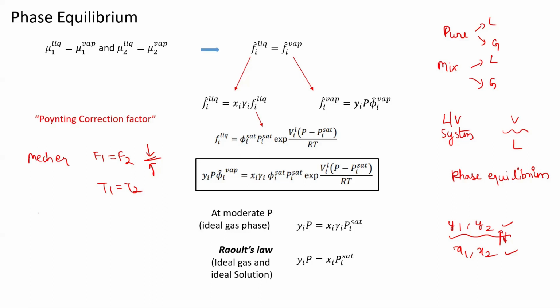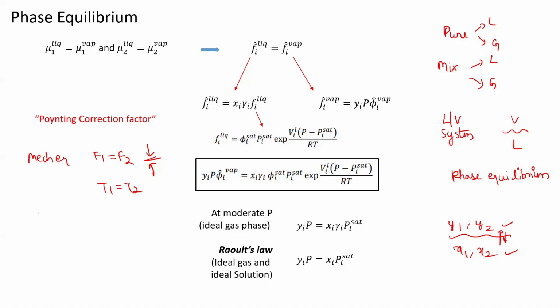Now, we have already discussed that when a phase equilibrium is there, what is equal between them is the chemical potential of the liquid and the vapor, for both the species separately.